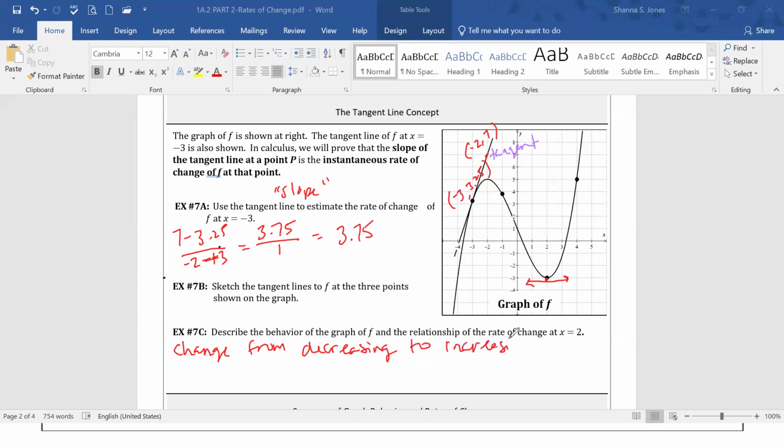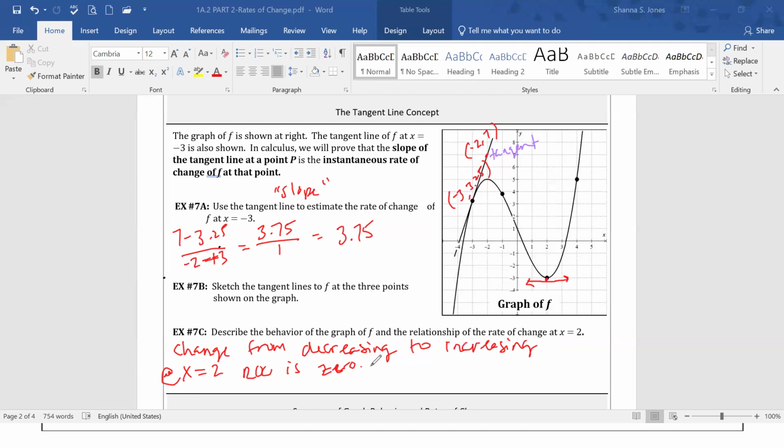And anytime a graph is doing that, we've learned that the tangent line slope is going to be what? 0, right? So the tangent line is 0, so therefore at x equals 2, your rate of change, your ROC, is 0.